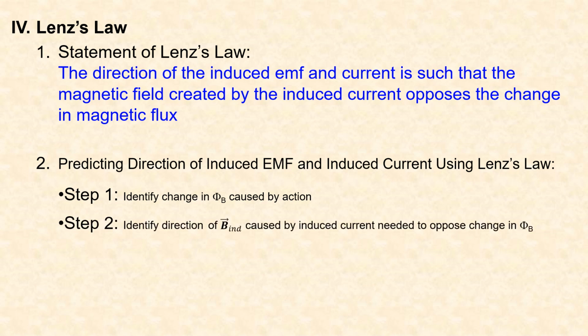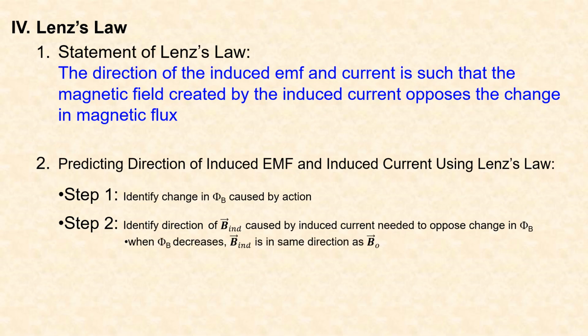You need to see whether the magnetic flux increases or decreases as a result of this action. Once you've done that, the second step is to identify the direction of the induced magnetic field that would be caused by the induced current needed to oppose the change in magnetic flux. There are 2 possibilities here.